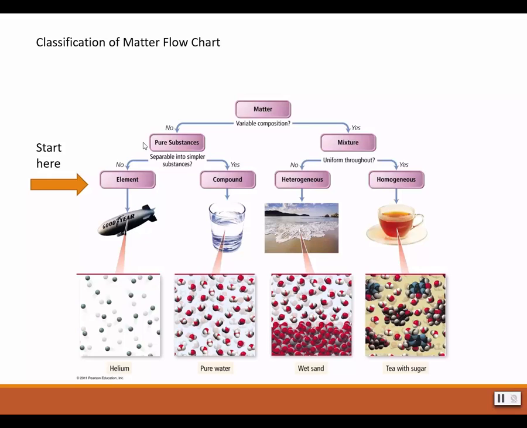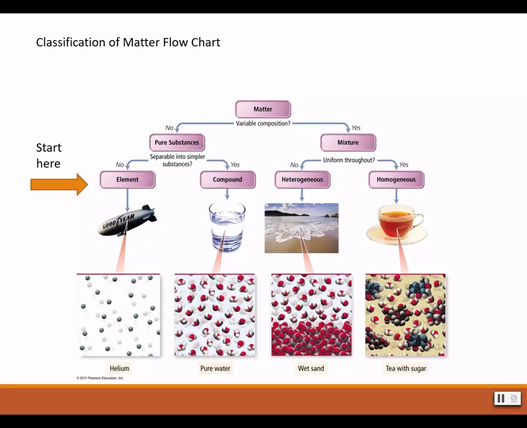What we're going to focus on in the next slide and in the subsequent chapters is pure substances, specifically, in this case, elements. If I have a substance that you cannot break into simpler substances, then that substance is an element.